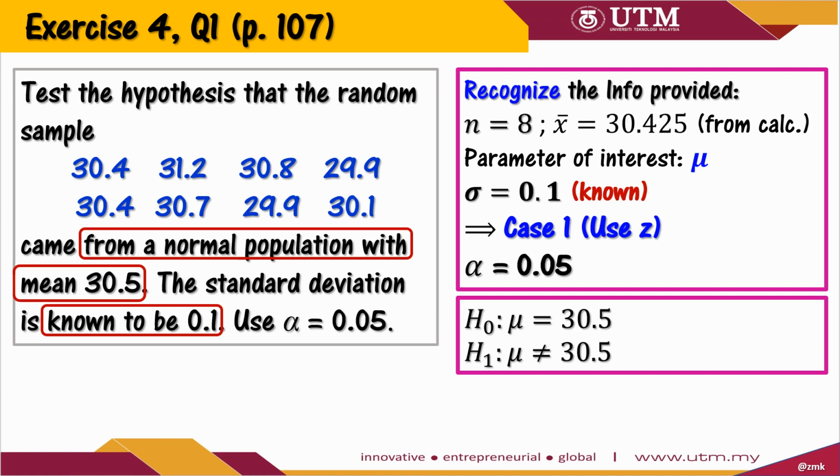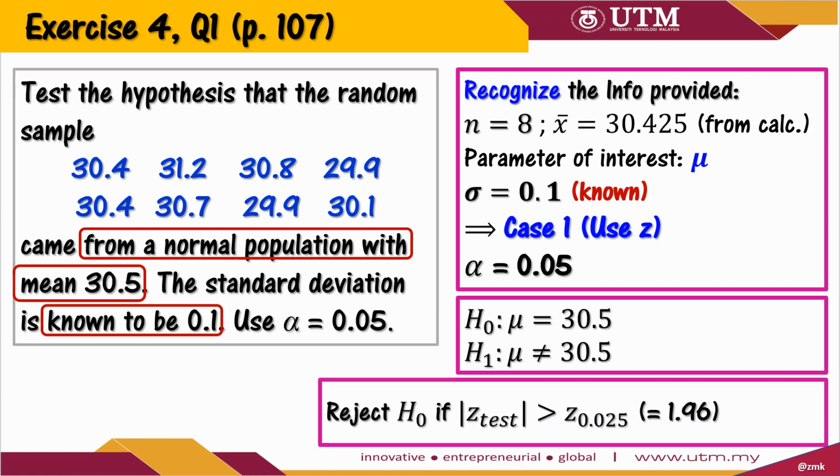The decision rule is then reject H0 if modulus of z-test is greater than a critical value z alpha over 2, which is z 0.025, which is 1.96 from table 4 in the stats table booklet, page 34.